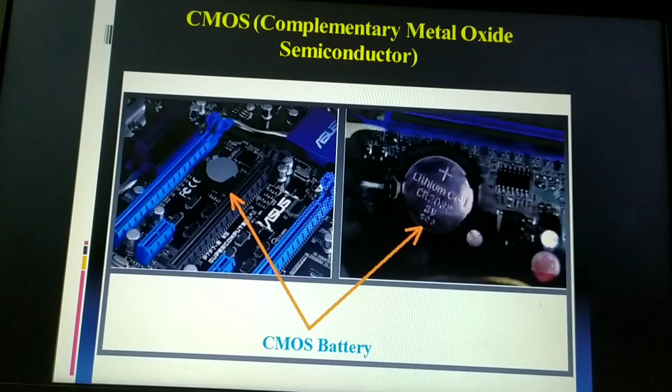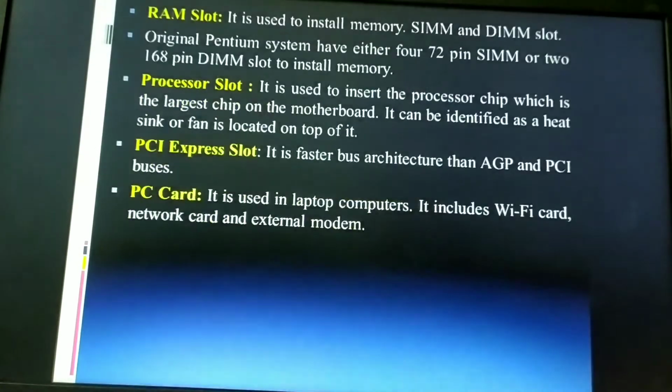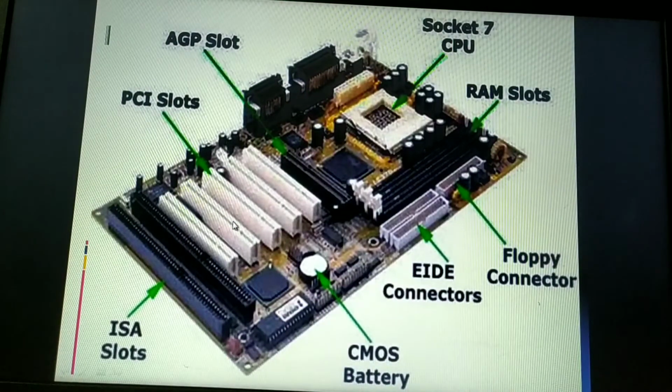Moving on to the next, that is the slots. I'll show you. Now these are called the slots. Slots are nothing but an opening in a computer where you can insert a printed circuit board. Slots are usually called expansion slots.